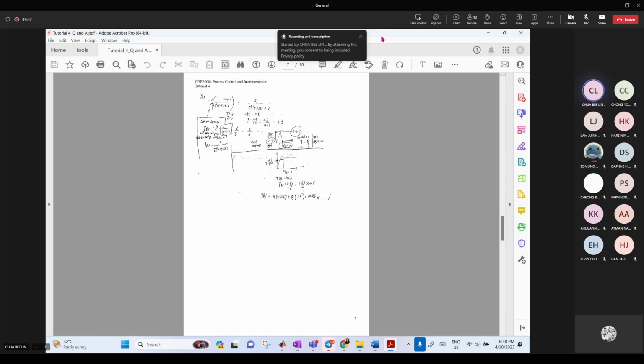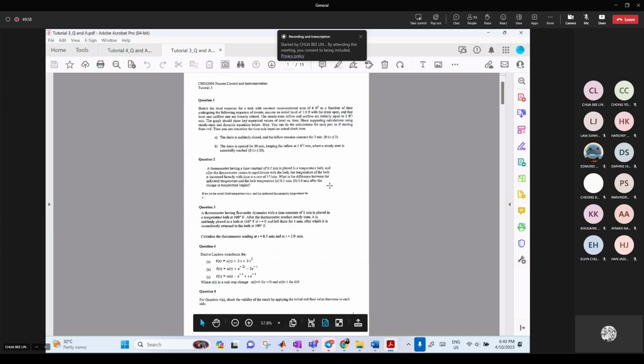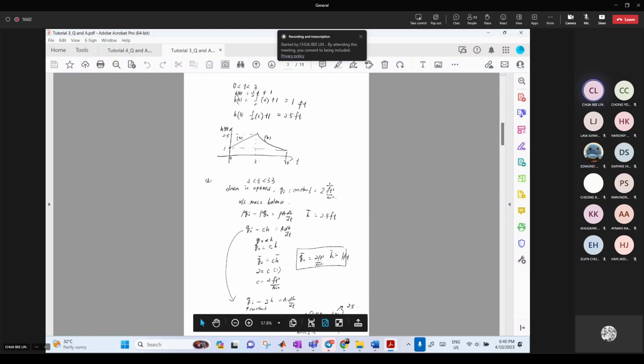For all the weeks until now, week 6 already, all the handwritten notes are already shared to Telegram. The other one is tutorial 3, where you can ignore the solution of the Heaviside.